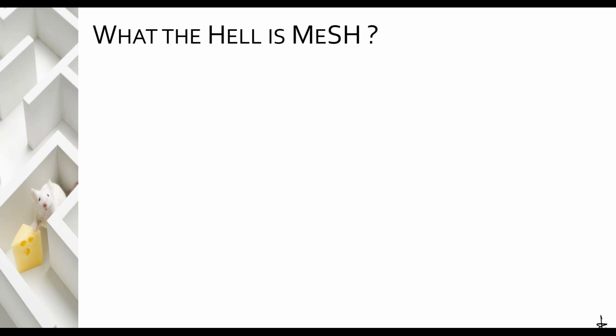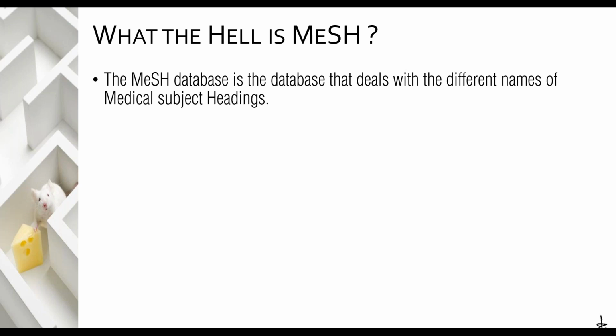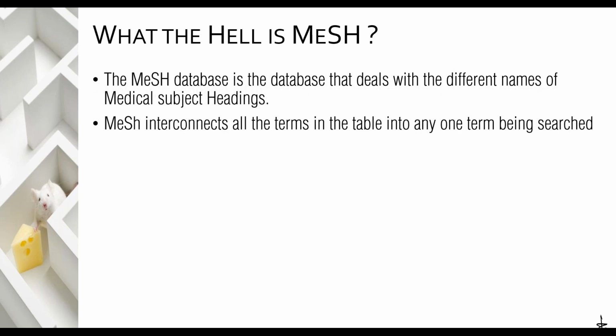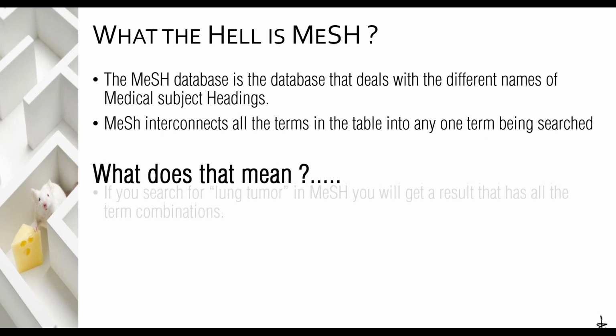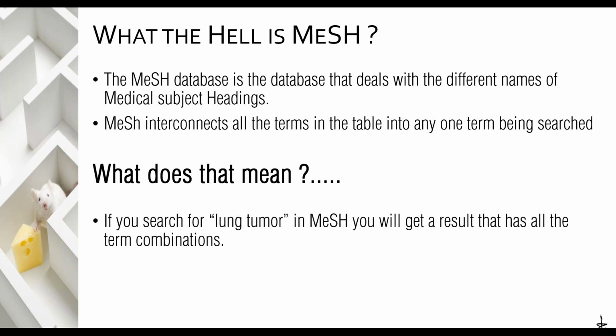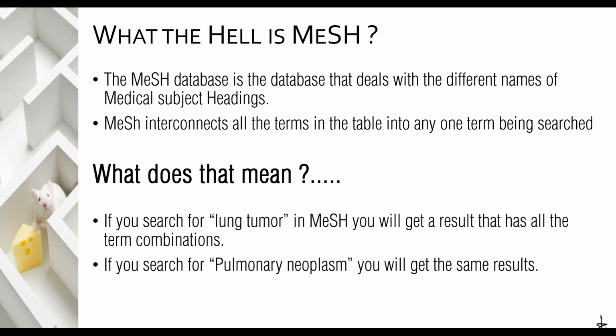MeSH is a database in PubMed, and when you put in any combination of a medical term, let's say I put the words lung tumor into MeSH and do a search, the number of articles I get is exactly the same as if I put in pulmonary neoplasm, because it takes into account all the different ways I can say lung cancer.